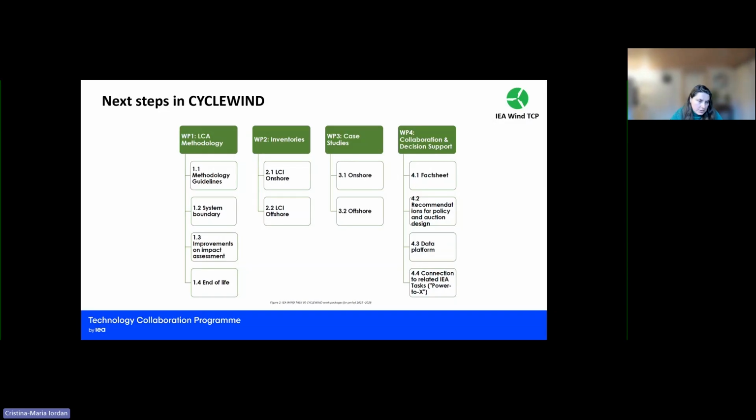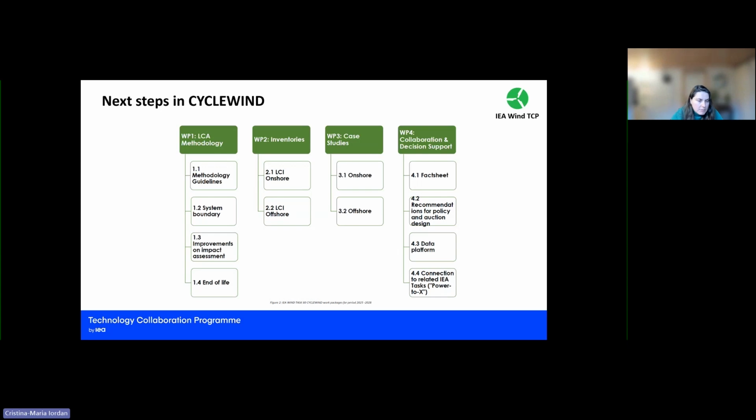And finally, work package 4. Here, we are aiming this year to finalize a recommendation for LCA inclusion in wind energy auctions. And other activities are dedicated to publishing fact sheets regarding different aspects of wind power LCAs, as well as establishing connections and fostering collaboration with IEA tasks, such as the ones dedicated to grid integration, hydrogen, as well as within our own Wind TCP, such as the joint action today with WREN and this webinar.